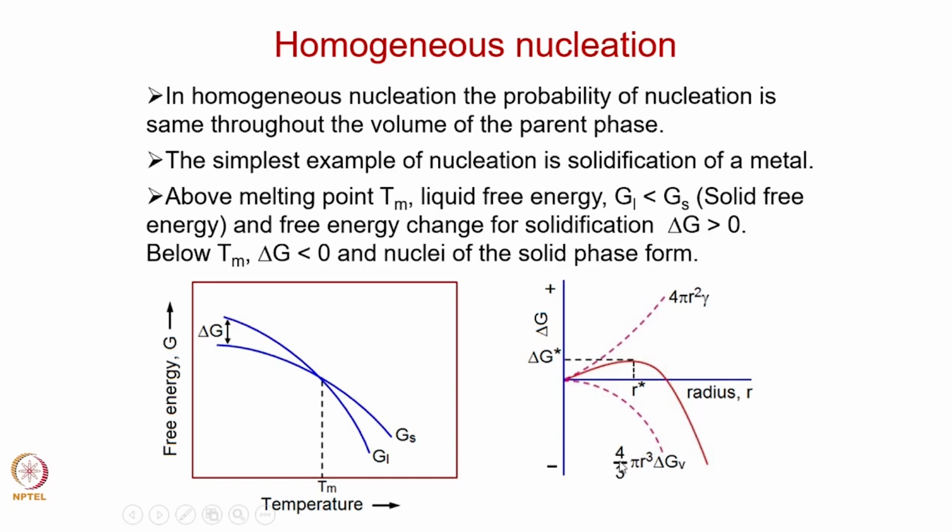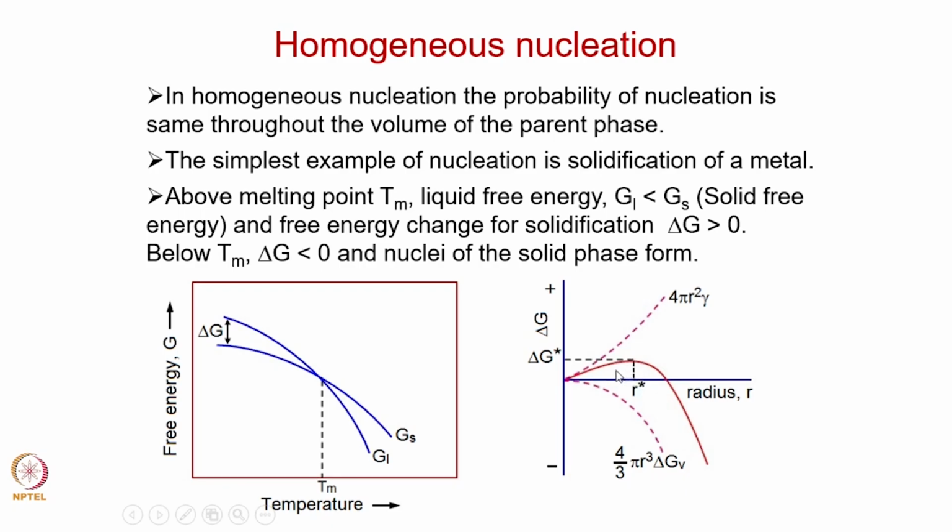The volume free energy contribution is this, where 4 by 3 pi r cubed is the volume of that spherical particle. And the solid line that you see is the summation of these two. The maximum that you see over here is the size that the particle has to reach for it to be called a nucleus, which can grow into the solid.